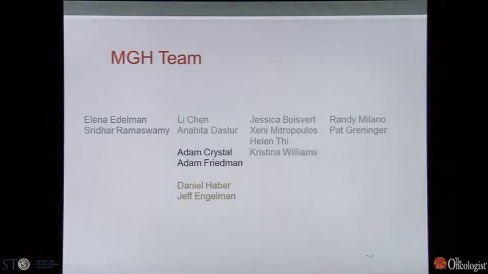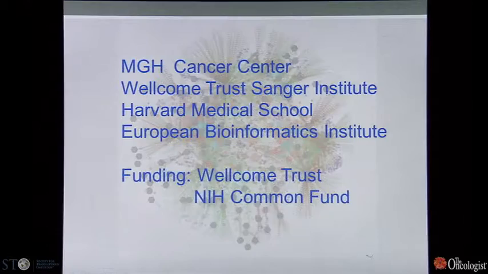Daniel is instrumental in telling us what to try to do or not. And then we have Adam, who's working with Jeff and I on specific combinations against acquired resistance. Adam Friedman is actually in David Fisher's lab, and we are putting together some large-scale combinations. And this is the technical team who is instrumental to have this happen.